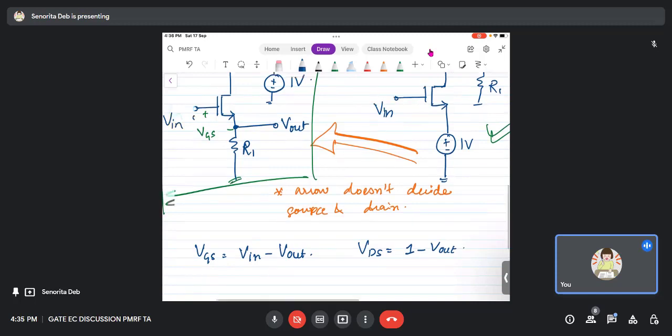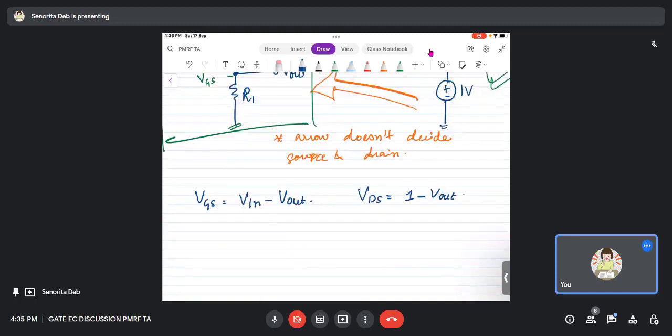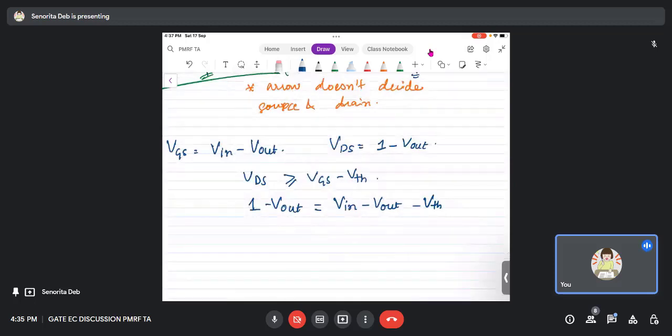Now if I say, give me the condition, VDS should be greater than or equal to VGS minus VTH for saturation. That means 1 minus V out, I'm taking the equality condition, not the inequality.